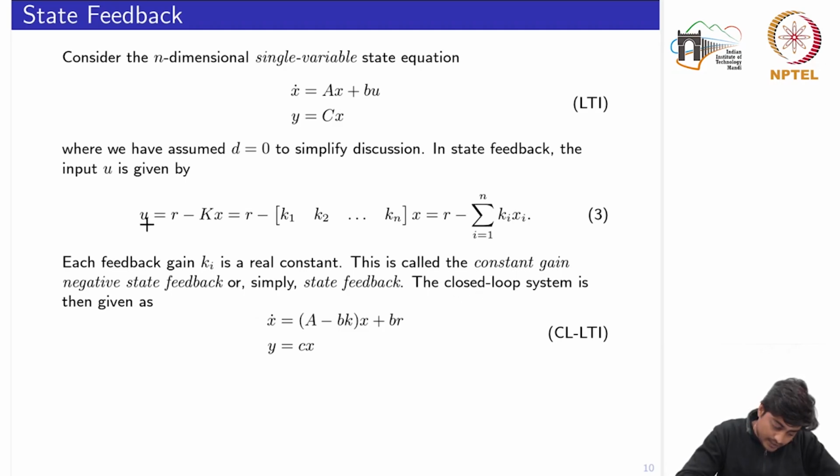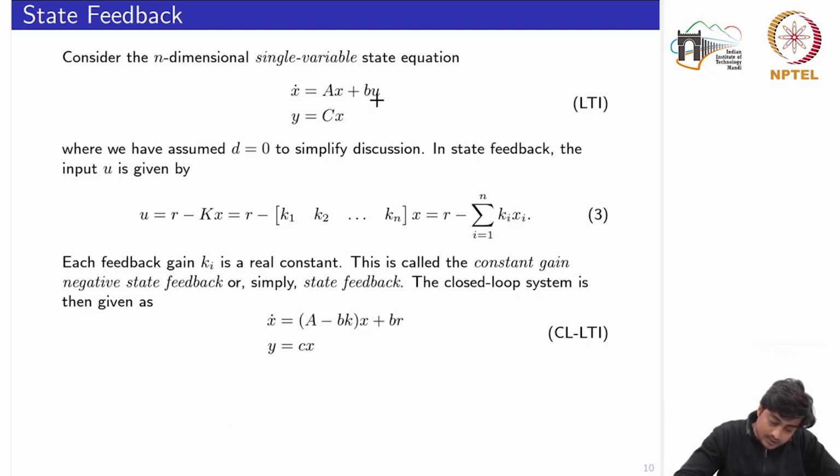Now if we substitute this u into the model of the plant, we would get x dot is equal to A minus BK times x plus Br, and y is equal to Cx. We specify this as the closed loop LTI system, and this one is only the LTI, which denotes the plant. There are many important things to pay attention to here.